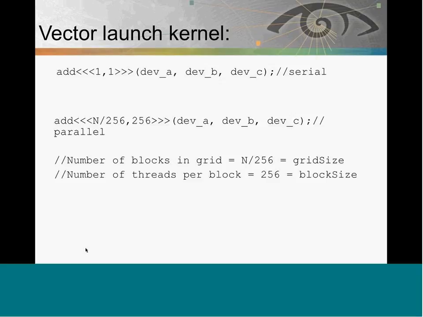So my kernel name is add, with device A, device B, device C. So my kernel function expects three things: A vector, B vector, C vector. Right? And this is serial code. I say here the grid size is 1, block size is 1. Execute only on one grid, or only on one block with one thread. This is still going to be serial as CPU code. You won't see any performance improvement.